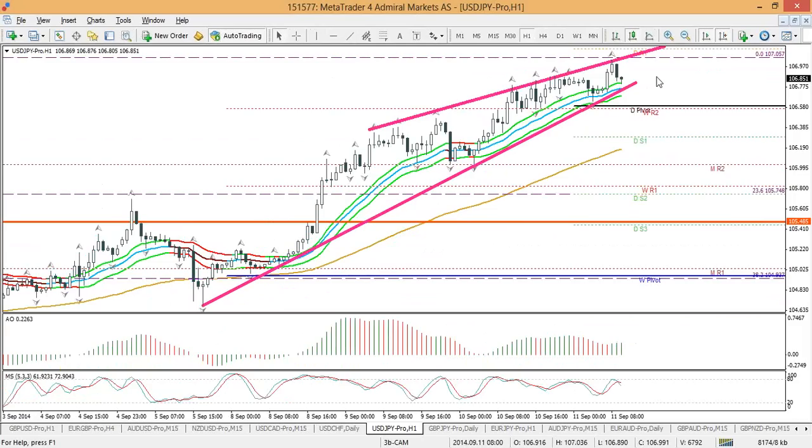So break to the upside, that's one way, or downside. To break to the upside, obviously price is accelerating within the uptrend. 107.50 is the target. If price breaks below this rising wedge, we could see price fall back to the broken top. We could see price fall back to the weekly pivot point and make some kind of retracement on the 1-hour chart.